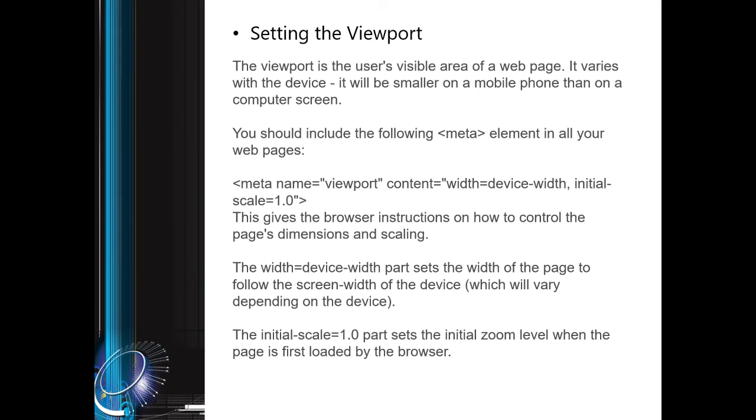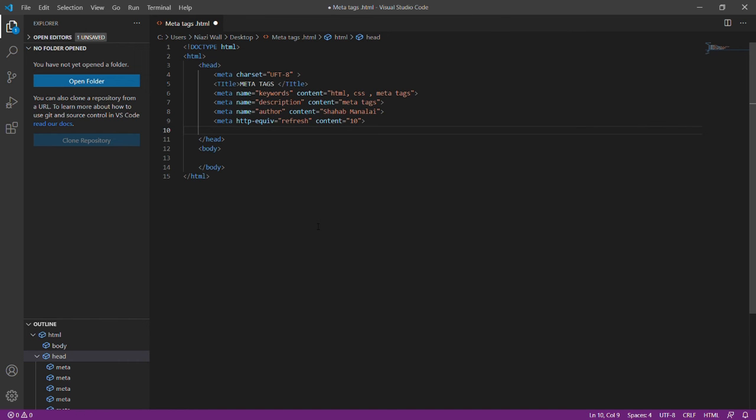The next attribute is setting the viewport. The viewport is the user's visible area of a web page. It varies with the device. It will be smaller on a mobile phone than on a computer screen. Let's use viewport in our web page.